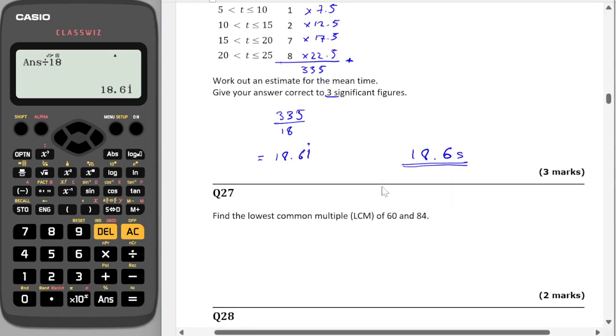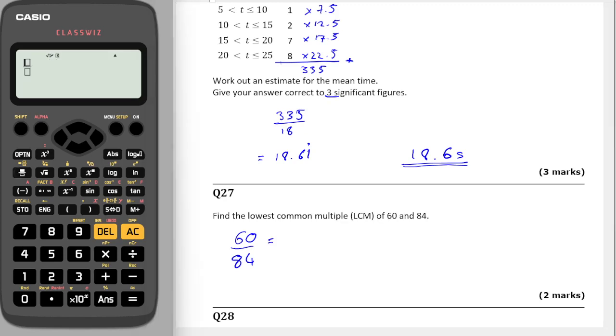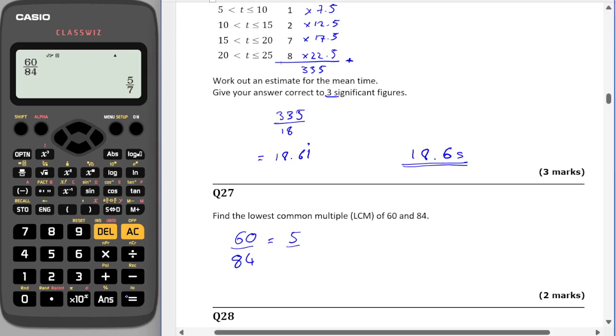Okay, and question 27, find the lowest common multiple of 60 and 84. So it's a calculator paper, so I'm going to take a shortcut on my calculator. 60 over 84 will simplify down to 5 over 7.